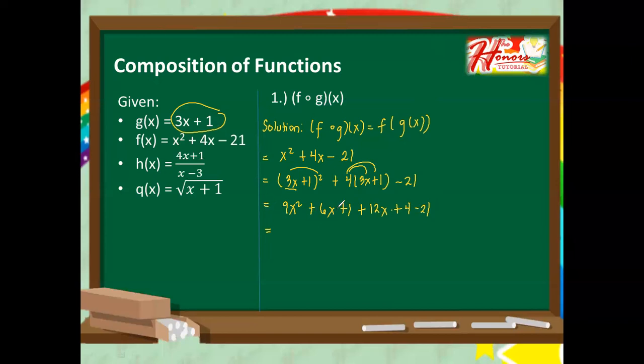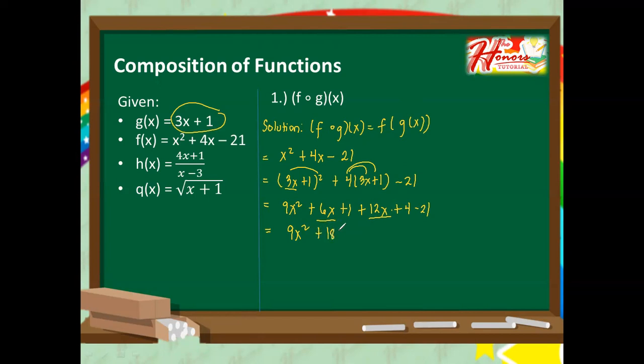We cannot see any partner for 9x squared because of its exponent. So therefore, please rewrite 9x squared. And then after that, you need to combine the other terms. So we have here 6x, partner is 12x. They are both positive. So therefore, we just need to add the numerical coefficient. So that is 6 plus 12, that's 18.